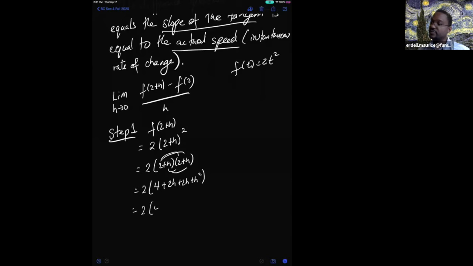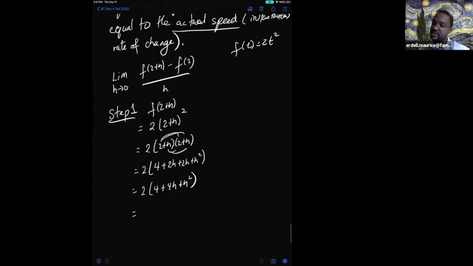I can group the middle terms together, and then I can distribute the 2: 8 plus 8h plus 2h squared. And that is the end of step number 1.